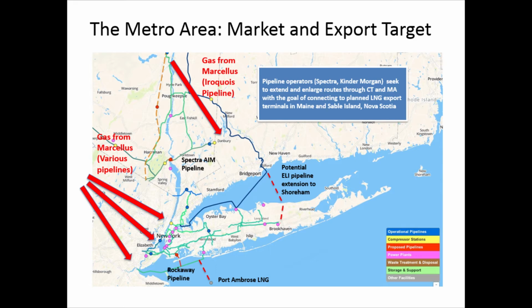So we're looking at how they're actually thinking about exporting. This is the LNG Port Ambrose facility that is being proposed right now off our coast. The comment deadline is Monday. We're having huge rallies in New York City right now.